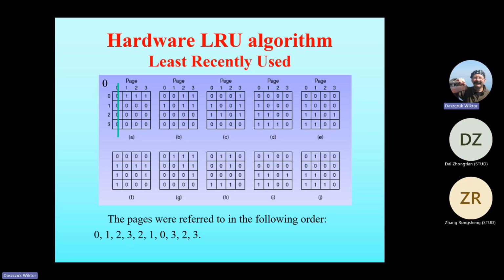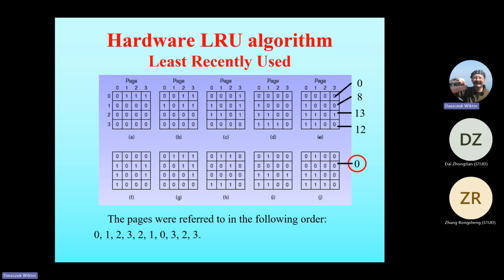And we can interpret the content of a row as a binary number. This number is 8, 1000, okay? And which is least recently used, we look for the smallest number.